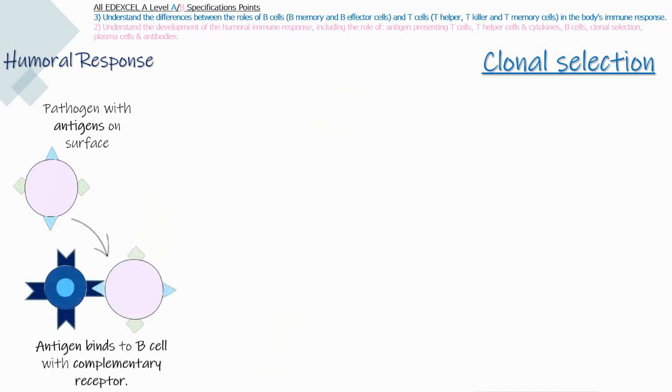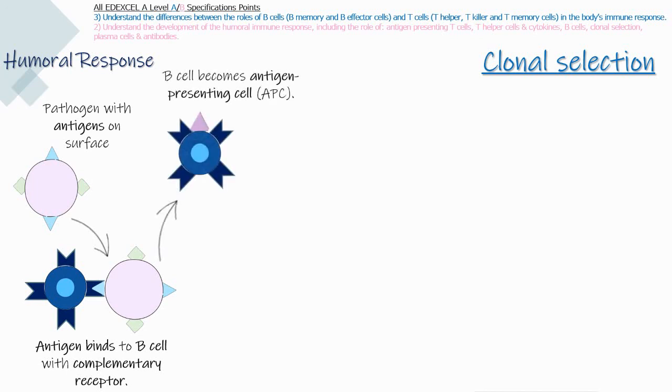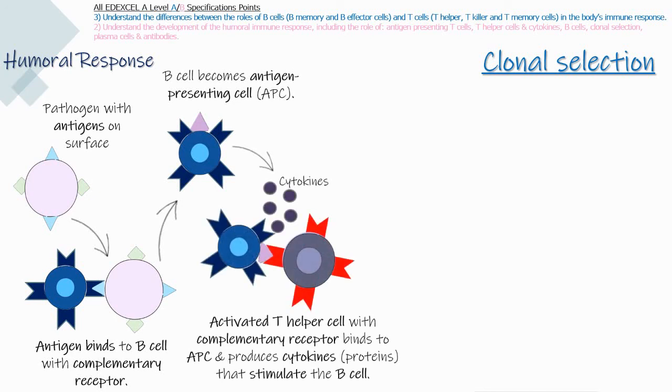So this begins with a pathogen with antigens on its surface being present, and then the antigen binds to a B cell which has a complementary receptor. The B cell then becomes an antigen-presenting cell. We then have our activated T helper cell with its complementary receptor, which binds to the antigen-presenting cell, which is this B cell, and it produces cytokines that stimulate the B cell.